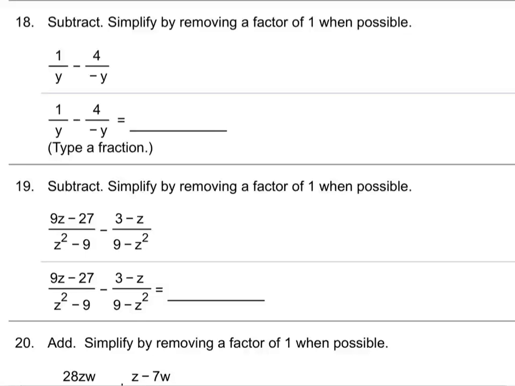All right, so try 18. What do you do with that minus on the bottom with that y? Move it up, right? Go ahead and move it up. And then you'll have common denominators.